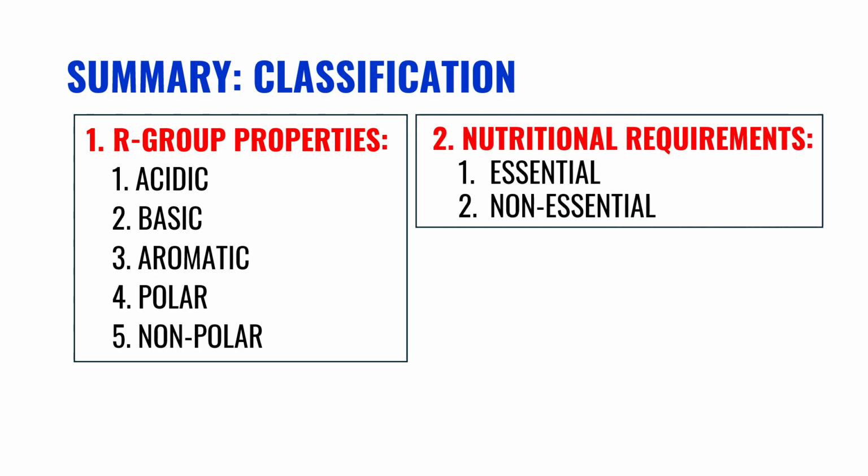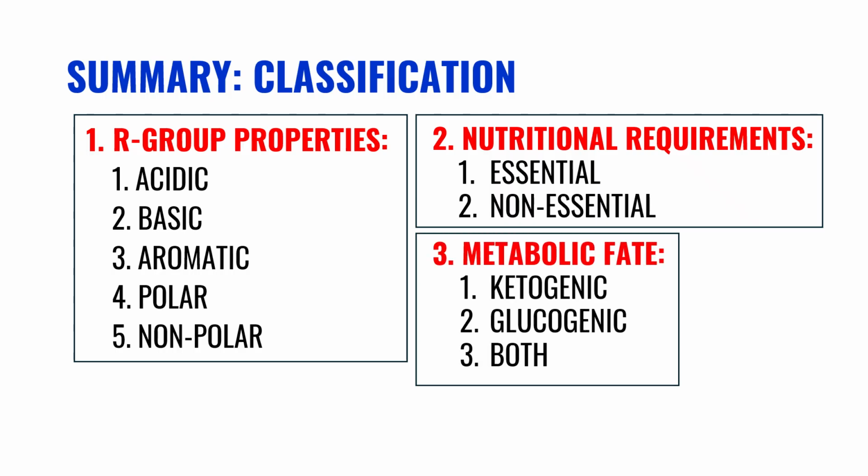The second criterion is based on nutritional requirement. They have been divided into two categories: essential amino acids and non-essential amino acids. There are 9 amino acids which are essential. Non-essential amino acids include 11 amino acids.